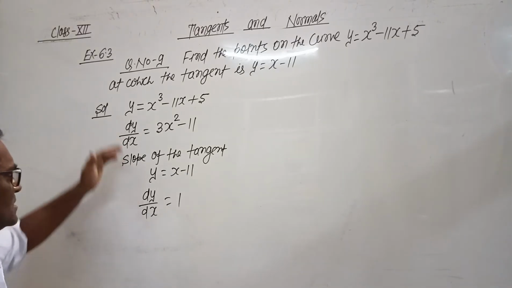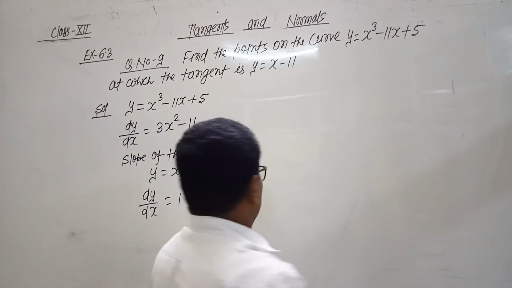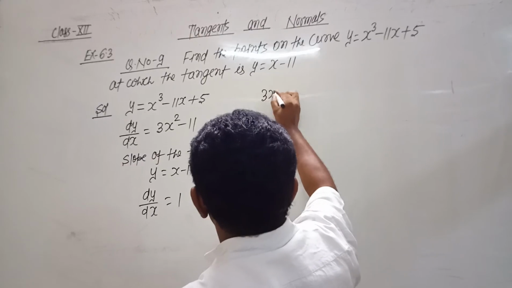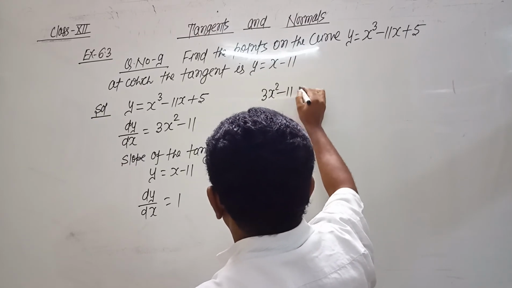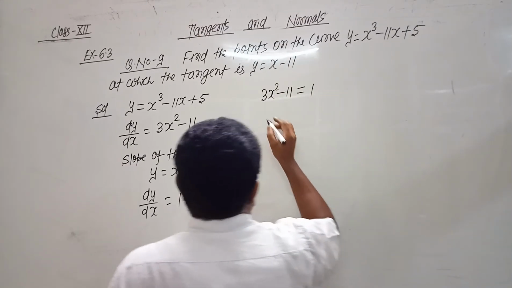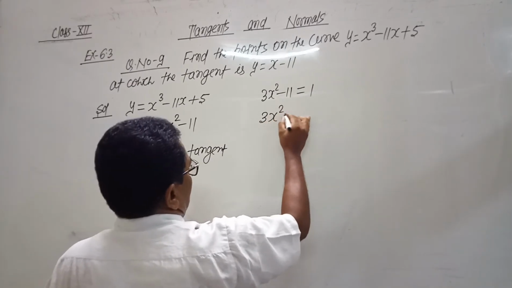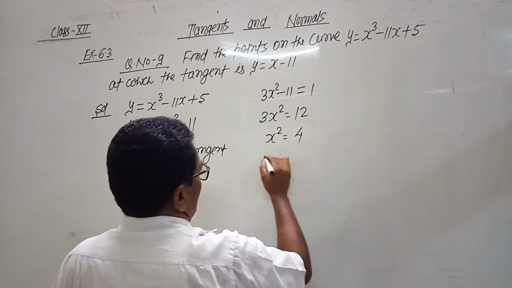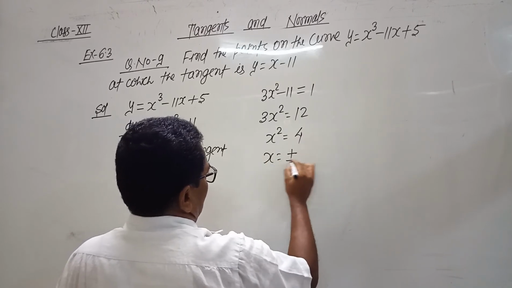Since both are the same slope, equate dy by dx. So 3x square minus 11 equals 1, and 3x square equals 12, and x square equals 4, and x equals plus minus 2.